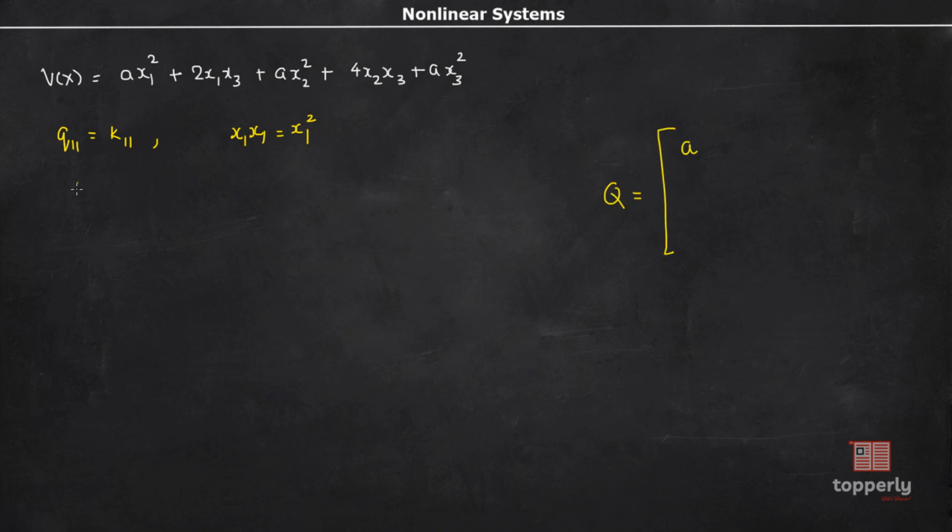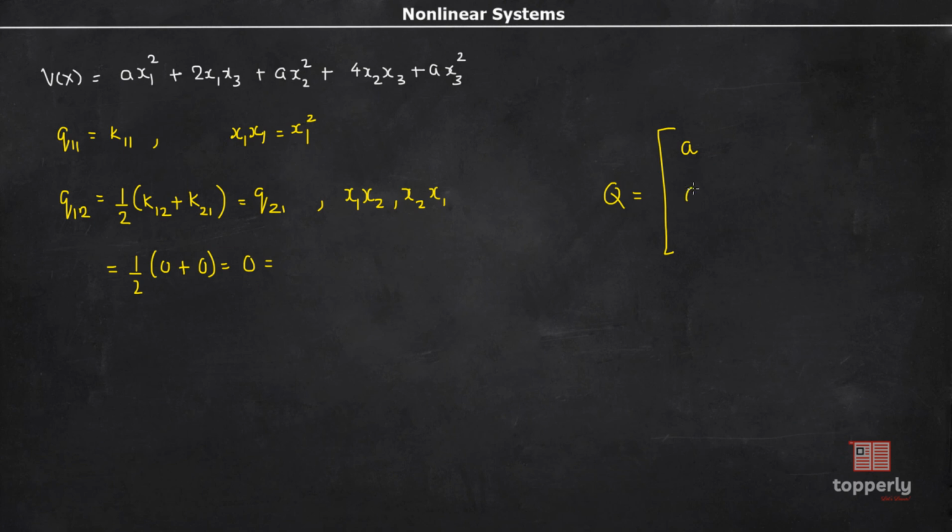Similarly, we will see for Q12, which is half times K12 plus K21, which is equal to Q21. But you can see that there is no term like x1 x2 or x2 x1 in this function. Therefore, the coefficients K12 is equal to 0 and K21 is equal to 0. Therefore, we have Q21 equal to 0 and Q12 equal to 0.